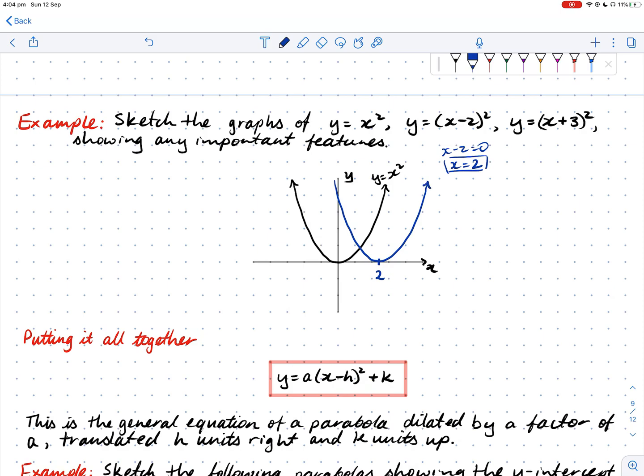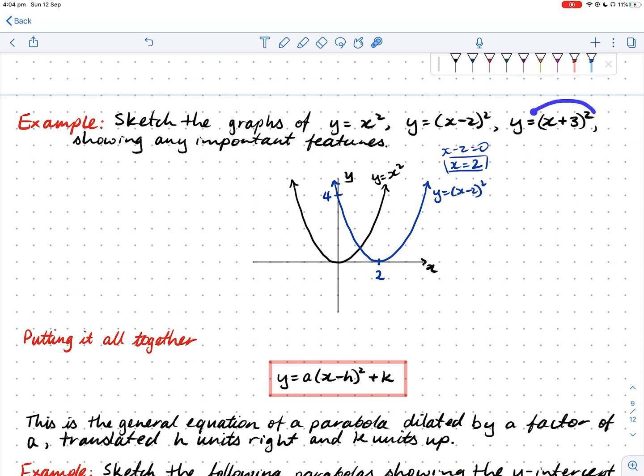So this is going to be the graph of y equals (x minus 2) squared. Now, it is usually important to find the y-intercept as well. To find the y-intercept, you're going to make x equal to 0. Then you can see the y value is going to be 4, so we can put that point there.